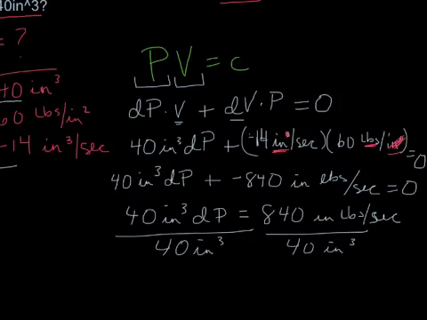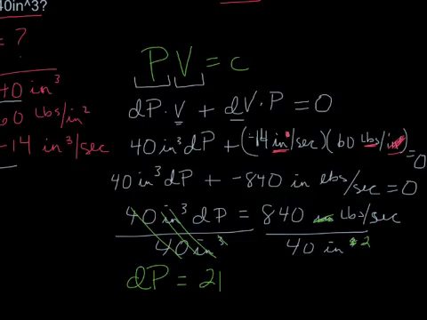All right, so the 40 inch cubes canceled. So I know that the change in pressure, the rate of change of the pressure, dP, 840 divided by 40 is 21. This inch here cancels with these, and I'm left with 2. 21 pounds per inches squared, which is a pressure measurement per second. And that is my rate.